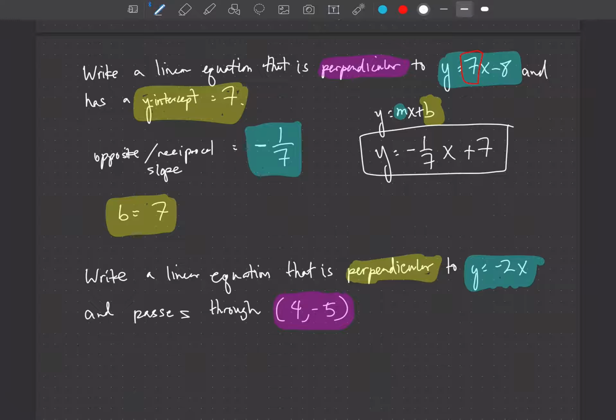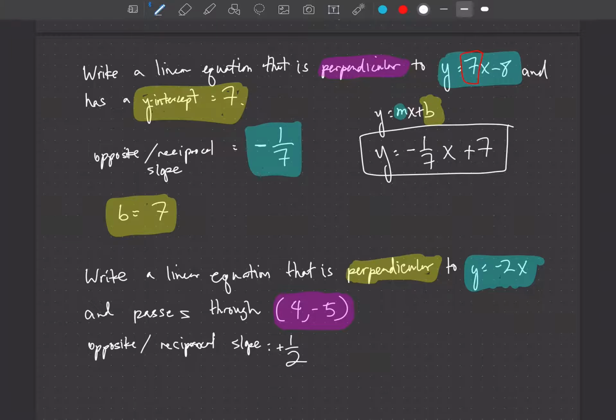So let's go ahead and find the opposite and reciprocal slope. Originally the slope is -2, so my new perpendicular slope would be positive 1/2. So it's opposite signs, and it's the reciprocal of 2, which is 1/2.